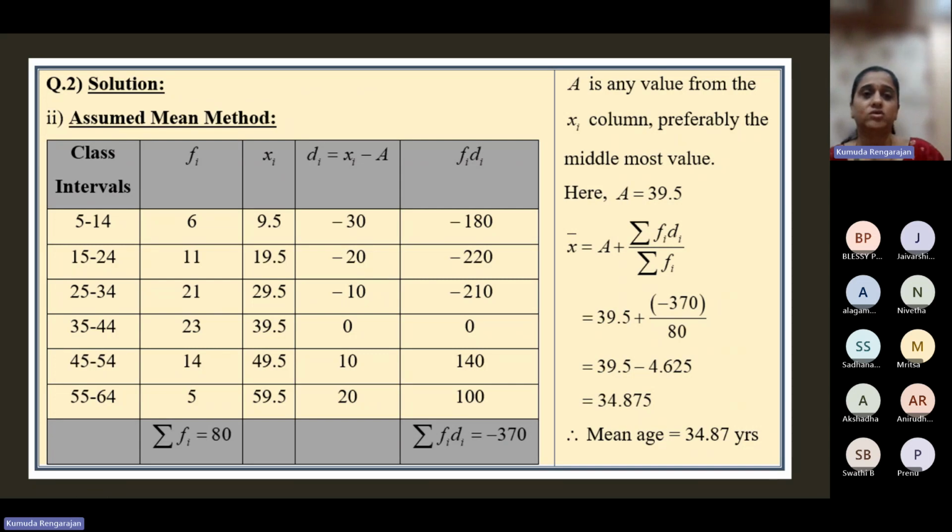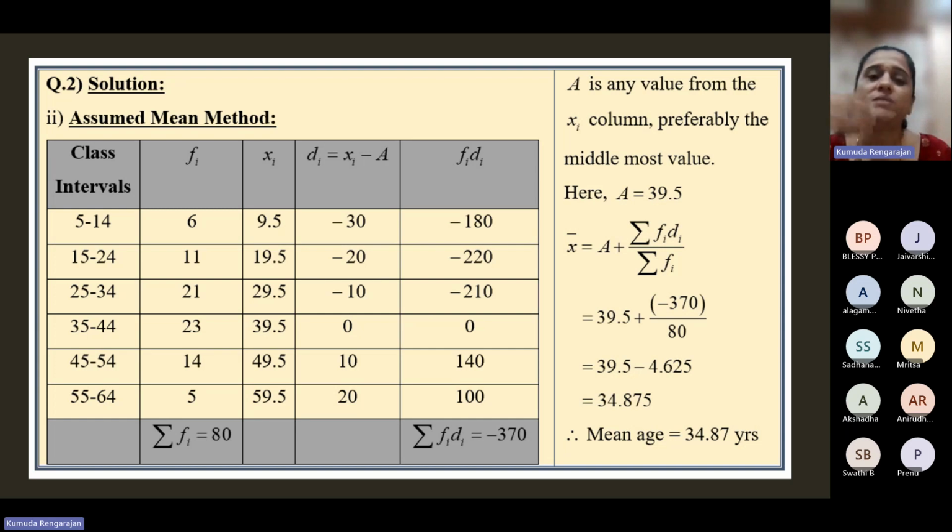Yeah. So this is how we find mean using the assumed mean method. You should remember it like a story. When we have to find mean, if there are class intervals, the first step is to generate the xi column, that is the class marks, the mid values of the class intervals.